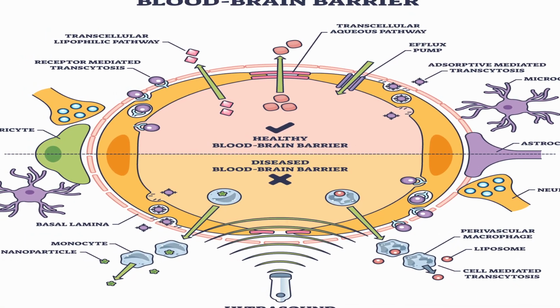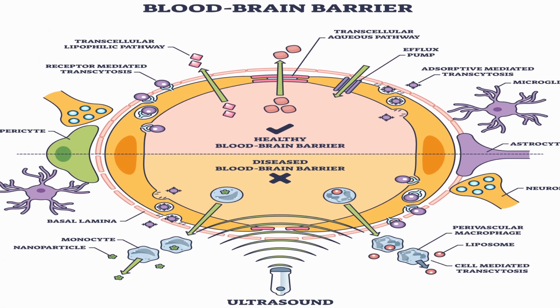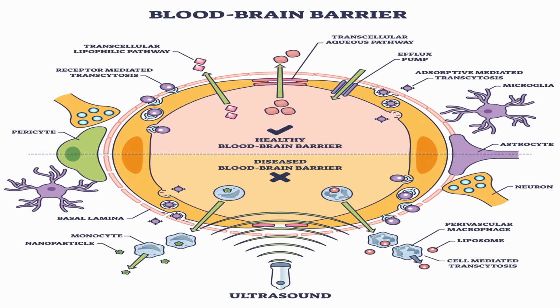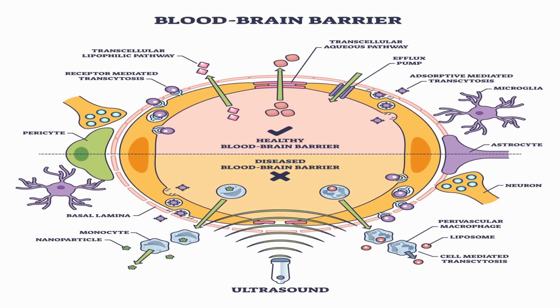The blood-brain barrier keeps larger molecules, chemicals, and toxins from entering the brain to protect the brain. And when we have a disruption in the blood-brain barrier, anything can get into the brain, toxins included. And we know that toxins are implicated in Alzheimer's disease.